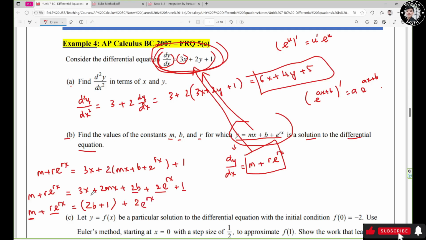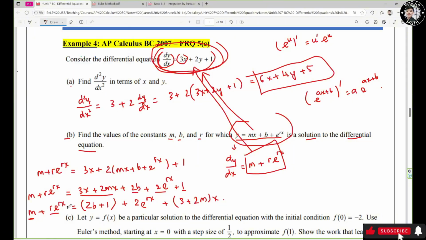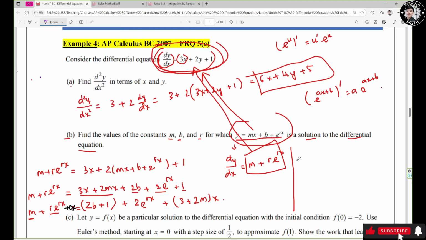For the last one, I need to factor s out, so it will be 3 plus 2m times s. Now look at the left side, I don't have s, so I put plus 0 times s. So I just equate the coefficients on both sides to get a system of equations.